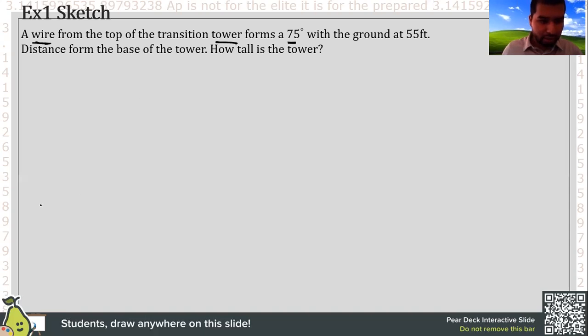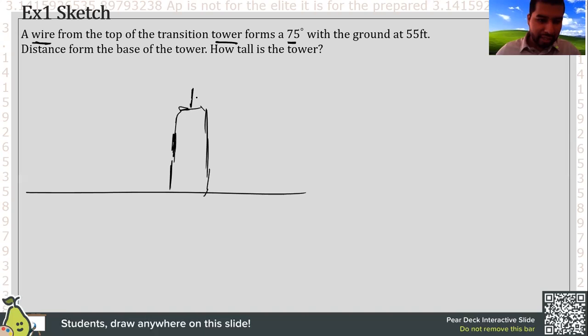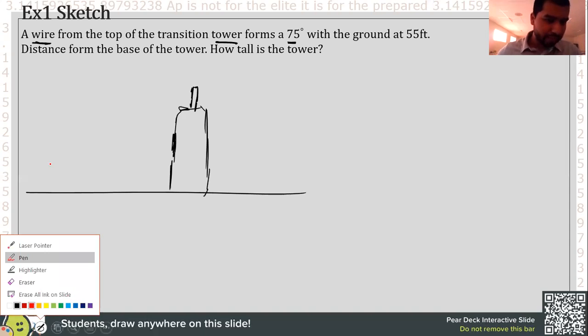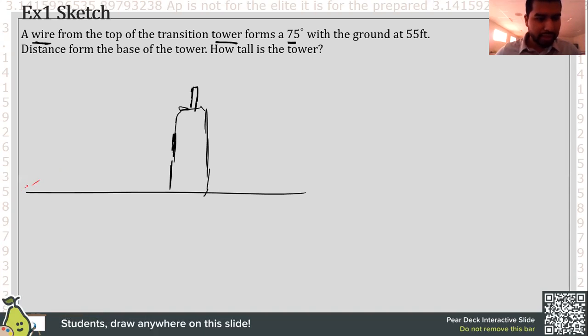So we're going to go ahead and draw the ground the best way we can, right? And then there's going to be some sort of tower, something like that, some tower. And in that tower, we tie a string or a wire to this tower.